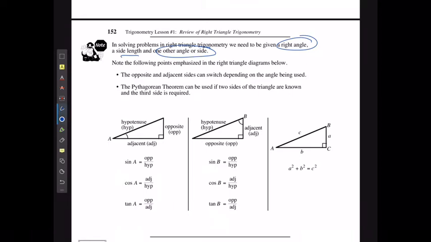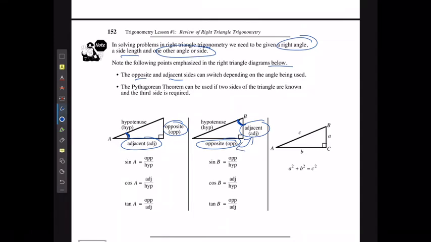The following points are emphasized in the right triangle diagrams below. The opposite and adjacent sides can switch depending on the angle being used. So we can see that here. If I'm looking at angle A here, then here's my opposite and here's my adjacent. If I'm looking at angle B, the other angle in the same triangle, then here's my opposite and here's my adjacent. They just traded places.